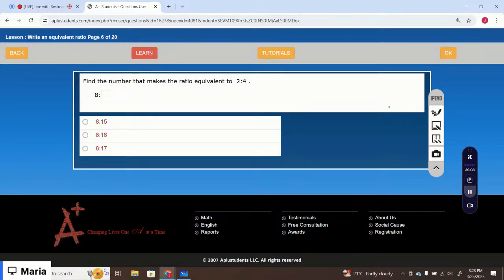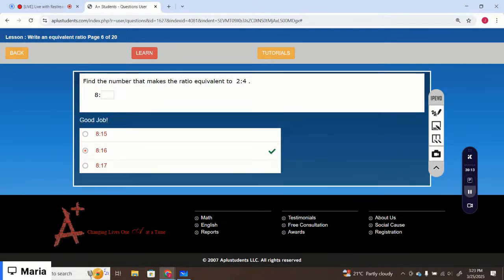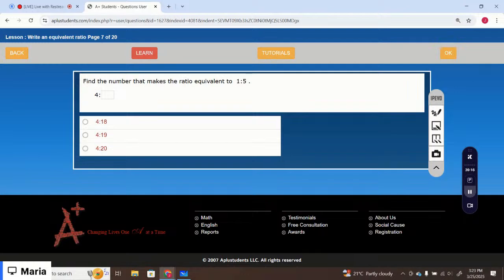That is 8:16. Option number 2 is the correct option. Find the number that makes the ratio equivalent to 1:5.